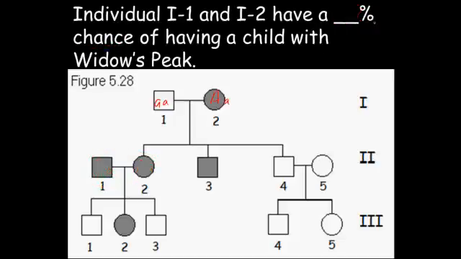Now for my next claim, I want to find out if these two individuals, 1-1 and 1-2, what their chances of having a child with widow's peak are. So again, I do the same thing as before and construct a Punnett square. So my cross is little a little a times big A little a, homozygous recessive times heterozygous.